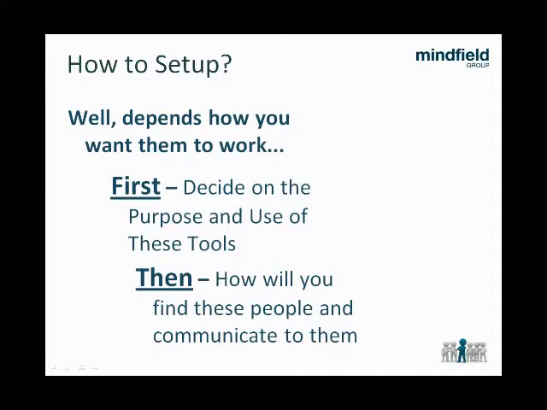First, you've got to decide essentially the purpose of what you're trying to do here. Is the purpose to just let people know about opportunities, or is your purpose to really go and maybe grab competitor talent? There's a variety of different things depending on what your overall objectives are.